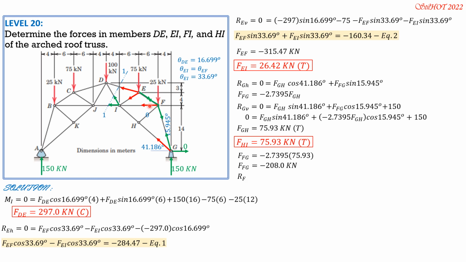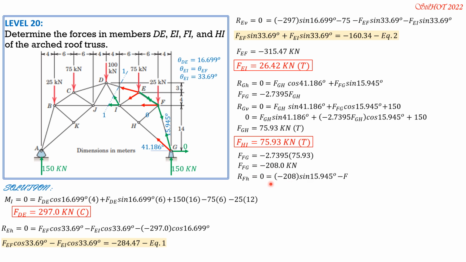So to solve for FFI, set RF horizontal 0, or the horizontal component at F is 0, or simply summation of forces horizontal is 0. So let's begin with FFG because it is rightward, but it is negative.